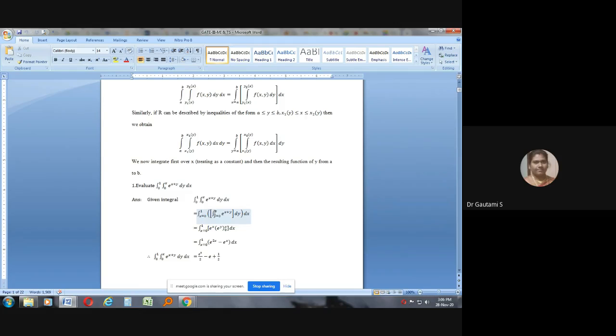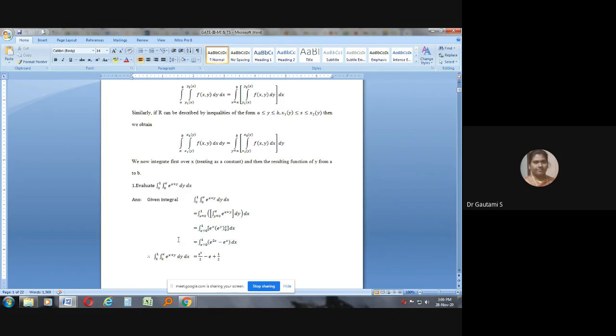So y is a variable limit and x is a constant limit. The integral function is e power x plus y. We separate: e power x plus y is e power x into e power y. Already we know that in double integration we have to evaluate the variable limit first and then the constant limit.